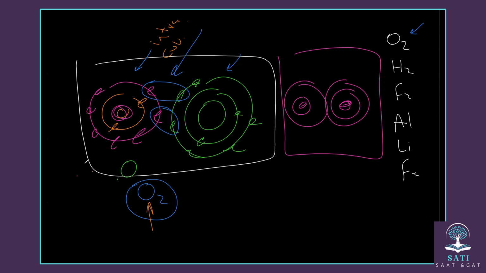Now if we make another molecule here of oxygen, this one now is another molecule of O2. Now, will there be attraction between this molecule and this molecule? These electrons, as we said in general, that are inside this molecule, they'll rotate, they'll move. They will not be fixed in their places.